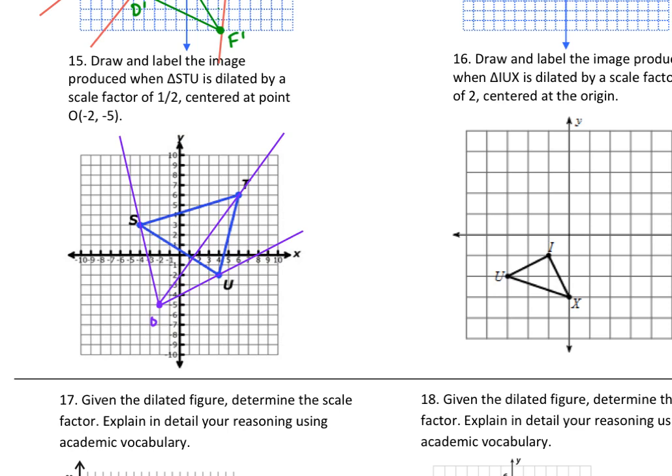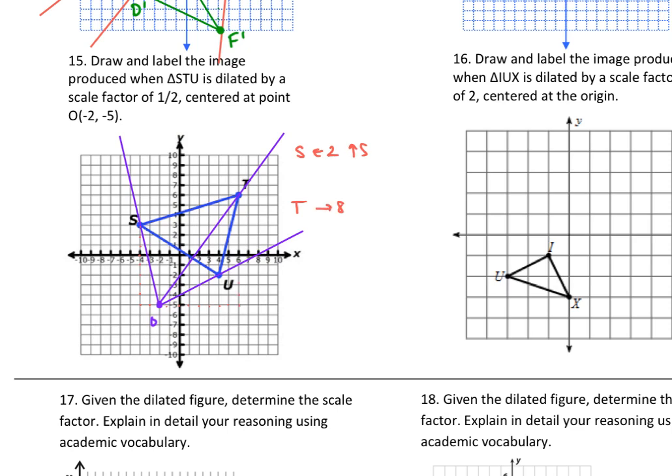So starting with S, to get to S, we go left 1, 2, and then we go up 1, 2, 3, 4, 5, 6, 7, 8. And then T, I go right 1, 2, 3, 4, 5, 6, 7, 8. So right 8.